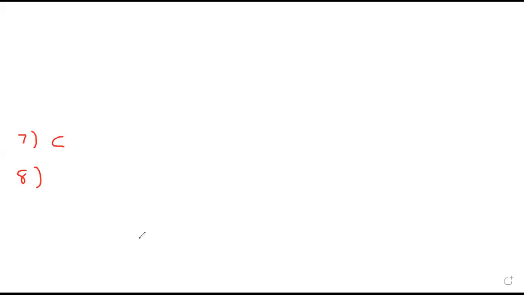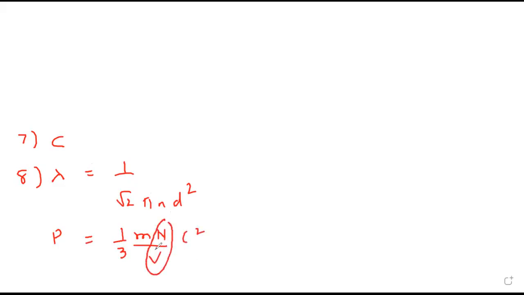Mean free path depends upon pressure. How? So, mean free path is equal to 1 upon root 2 pi n d square, and pressure is 1/3 of m into number of molecules mn upon V into c square. This number of molecules per unit volume is actually called n.